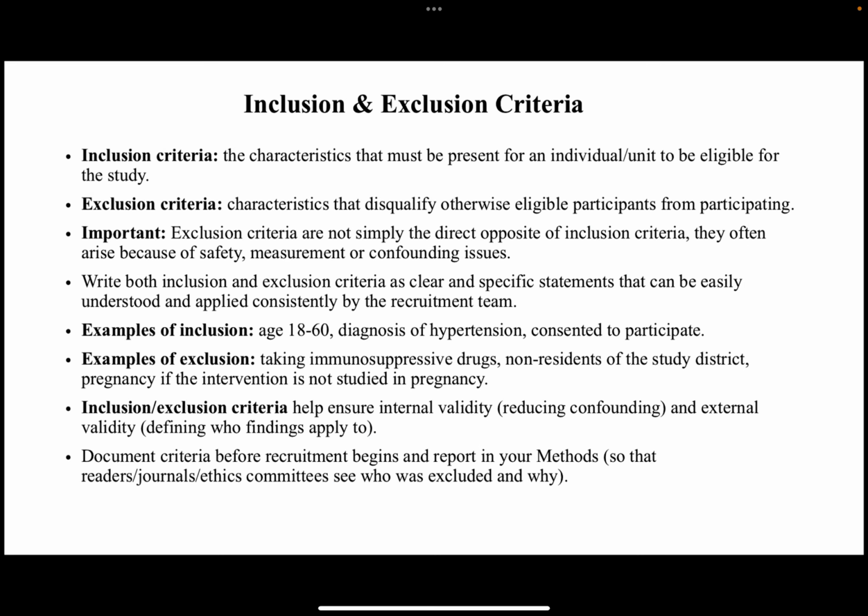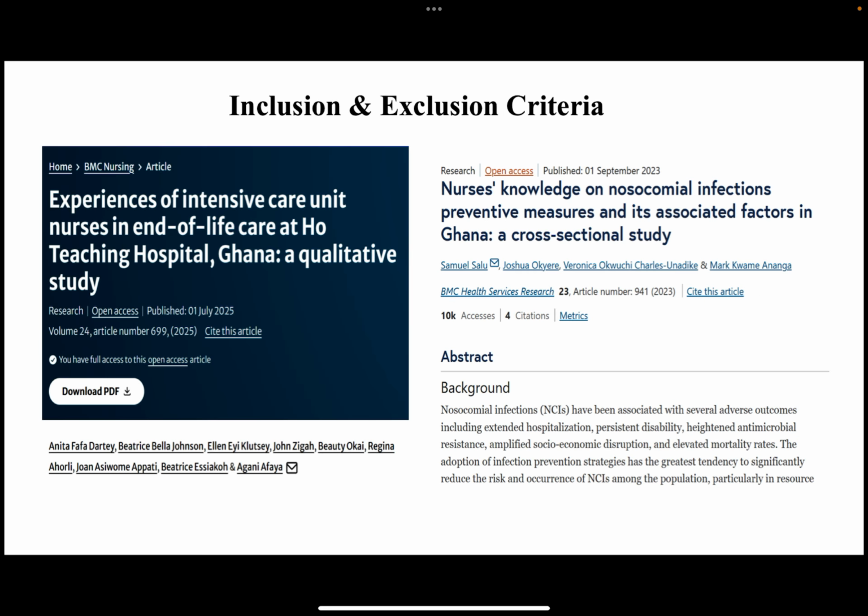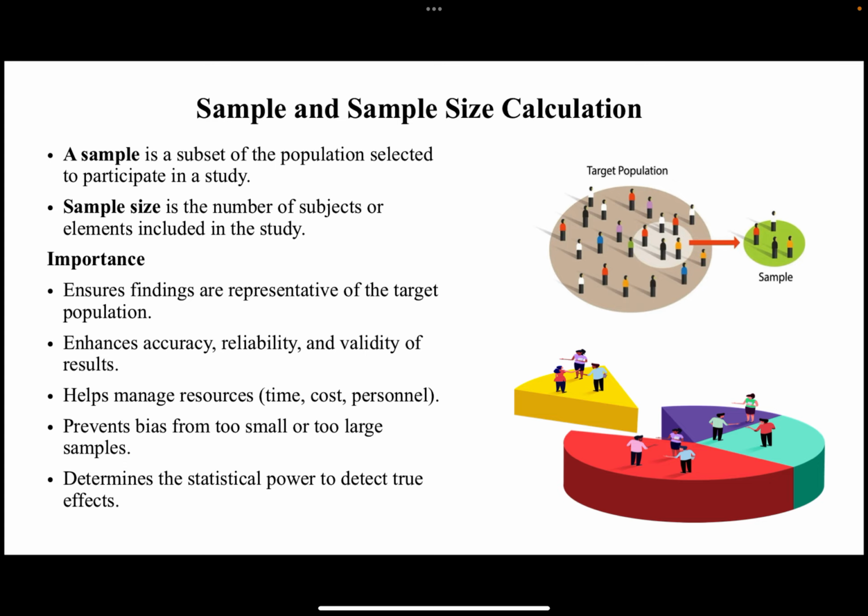In most academic work, after the study population, under it we have inclusion criteria and exclusion criteria. Okay, great. So you can make reference to these articles over here and see how they've written their inclusion criteria and exclusion criteria. Now, the next thing we are going to look at is the sample and sample size calculation.